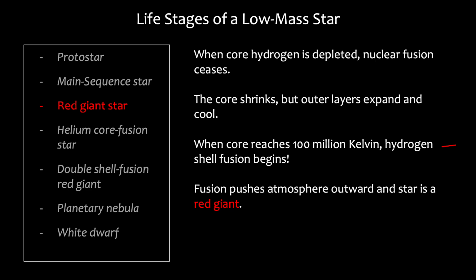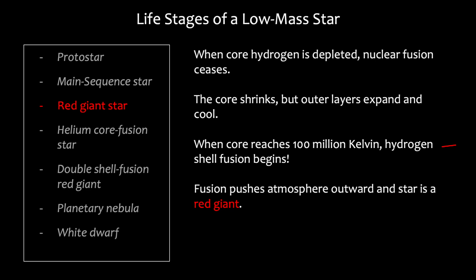And this burst of more energy pushes the outer layer farther out. Again, the hydrogen shell ignition generates more energy, and it pushes the outer layers of the star to make it become bigger.